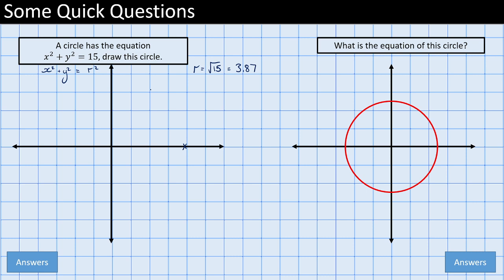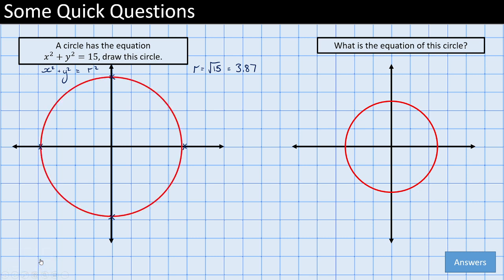But I would try and mark out that same distance on all of my axes. Okay, 3.87 units away. 1, 2, 3, 3.87 is going to be down there. And you can see then you've got your circle that hopefully will fit through each of those points.